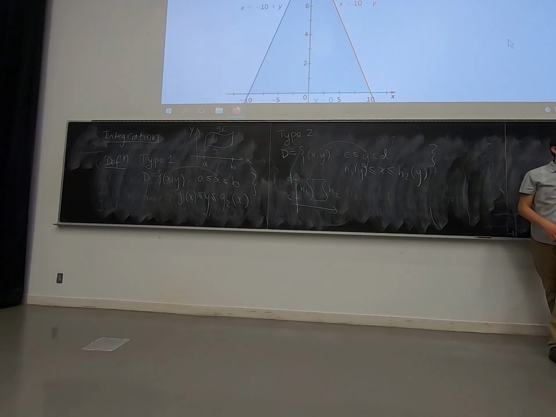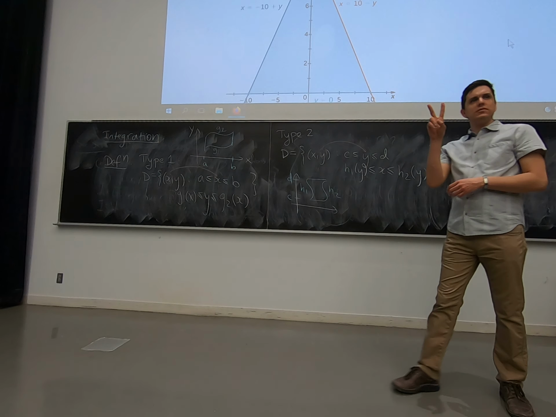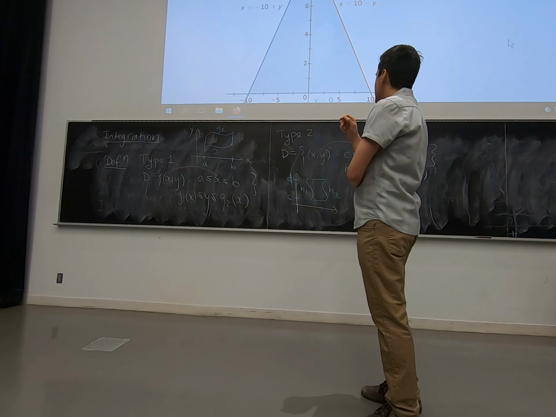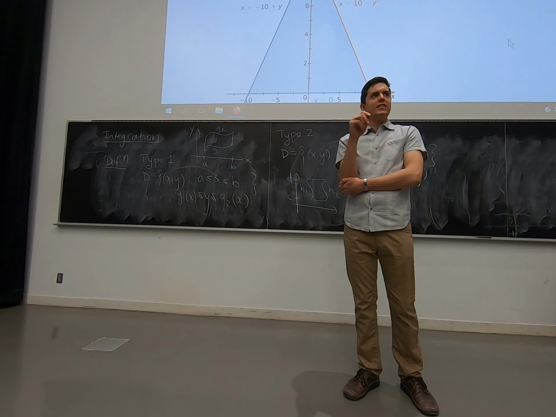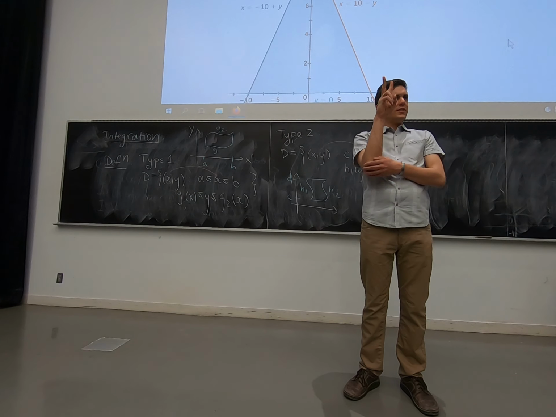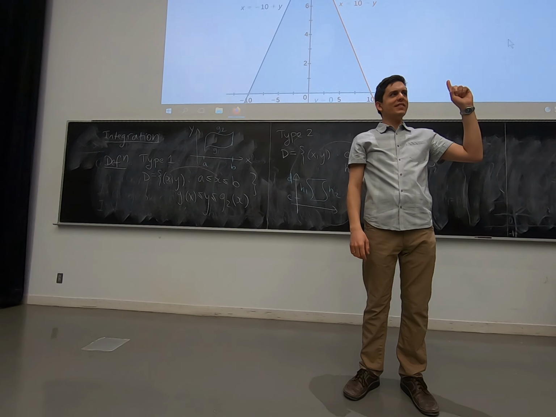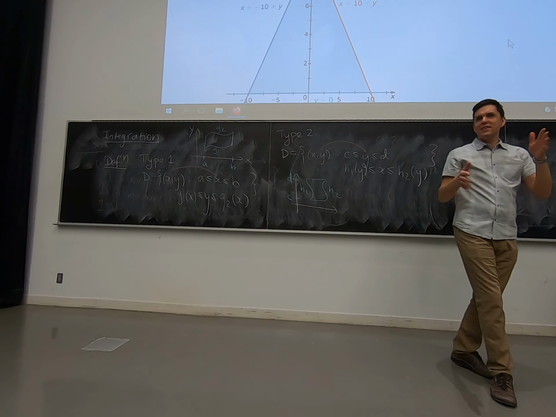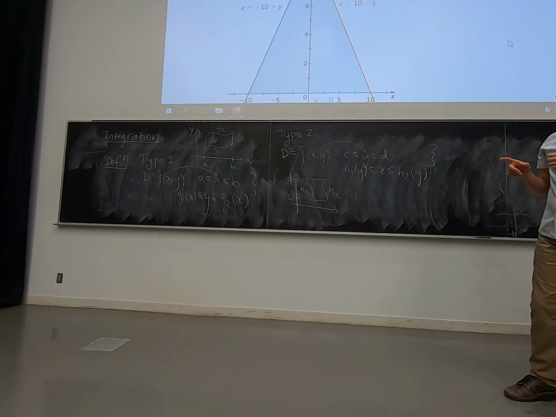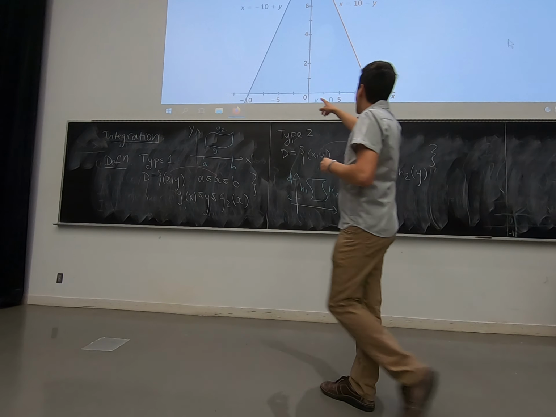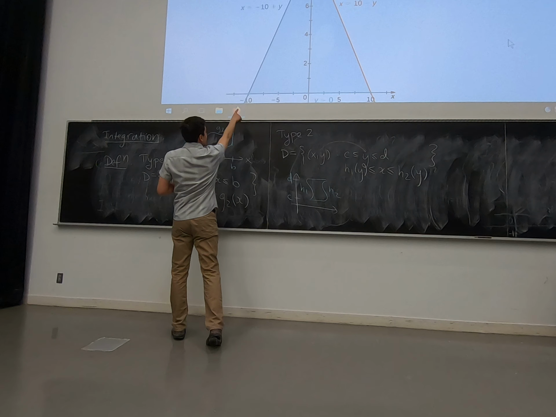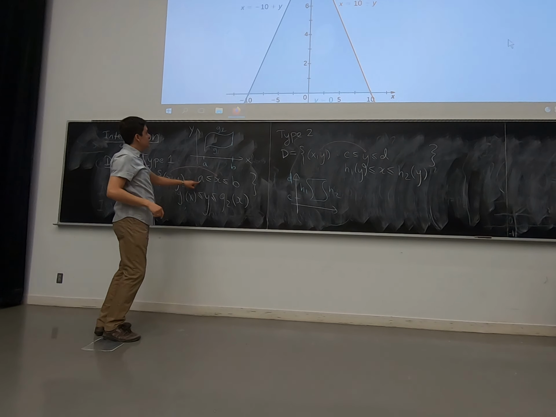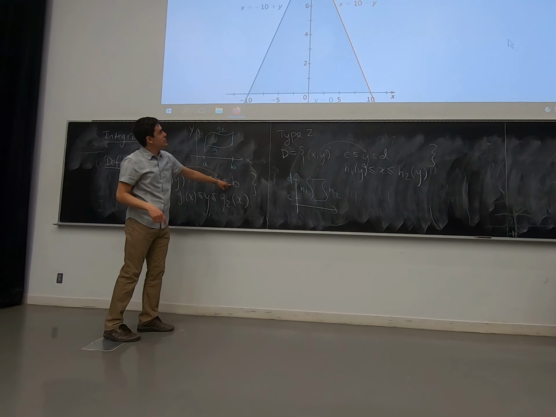What do we think here for this graph? Type 2, very good. Anyone think it's type 1? Yeah, it's both. So it's bounded by x equals -10, x equals 10.